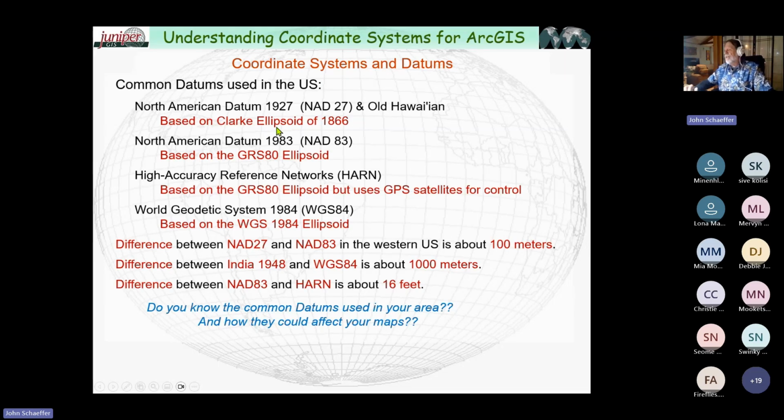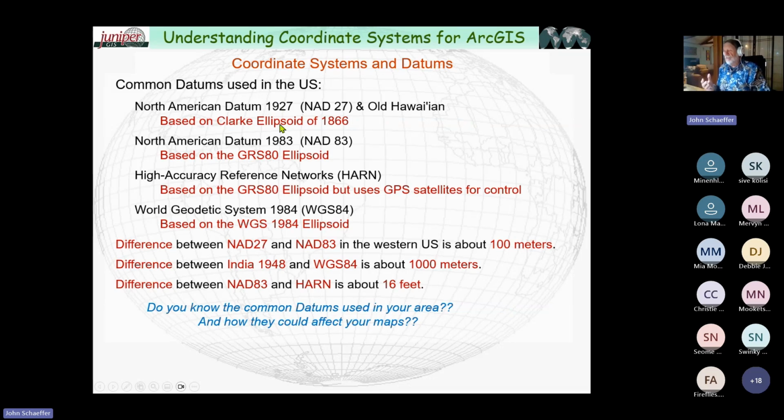That name was not recognized by ArcGIS. But because I knew the Clark ellipsoid was the basis for the North American datum, I was able to put in North American Datum 1927 where this other person had Clark ellipsoid, and everything worked.